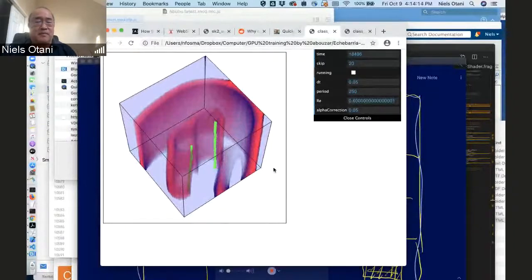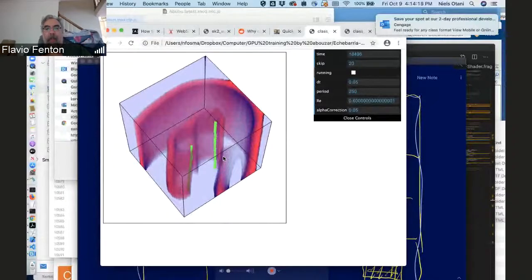I also saw that in the first example you did, you have the stimulation at the surface. So have you been able to now study a little bit faster the effect of the defibrillation by the surface?